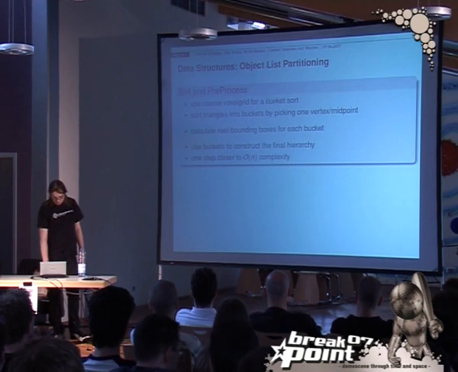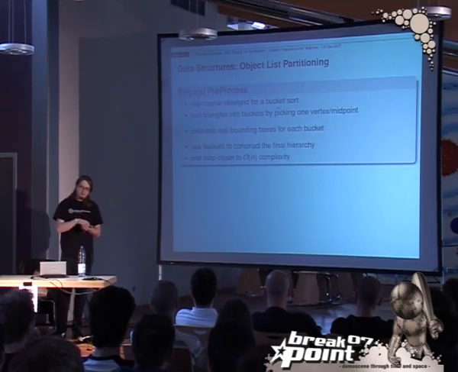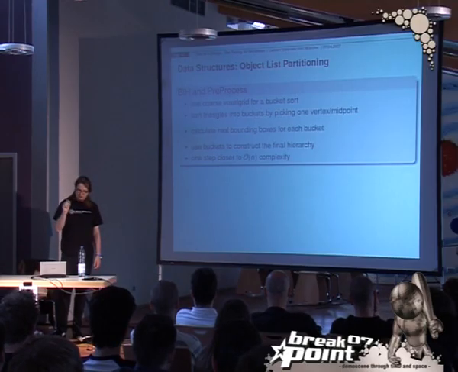And you use this to do a bucket sort of the triangles. So you pick one point of each triangle. This can be a vertex of the triangle or the middle point of the triangle, and you use that point to sort it into the voxel. Just this point, not the whole triangle, just this point into the buckets.